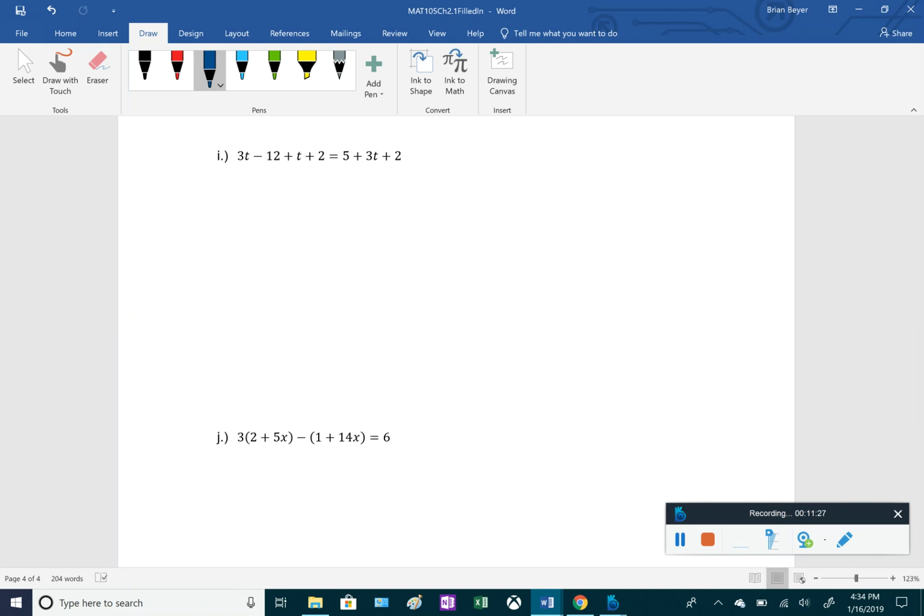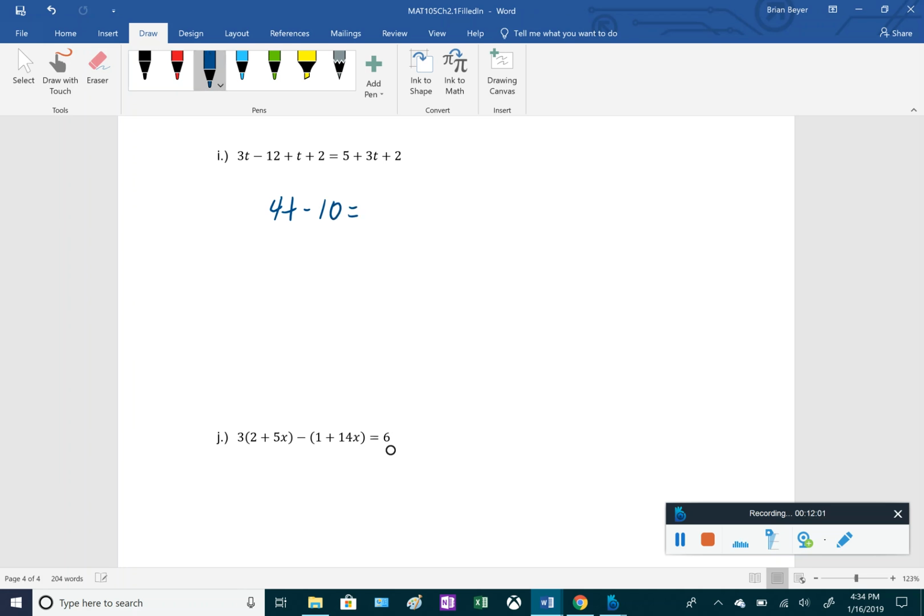So we have 3t plus t, which is going to end up being 4t. And then we have negative 12 plus 2, which is negative 10. So that's 4t minus 10.